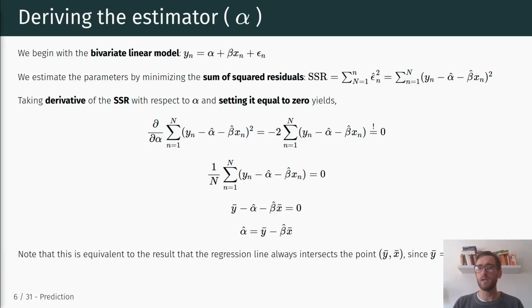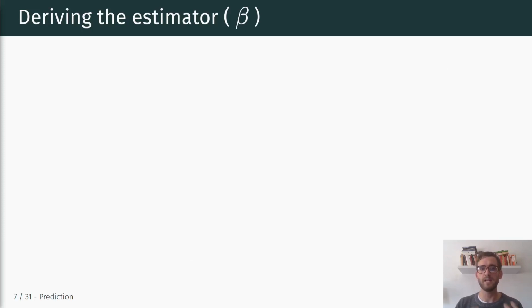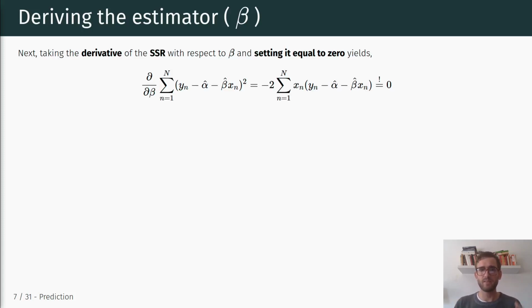All right, so now we have our specification for alpha. Next, we need to find our estimator for beta, so that we have a beta hat that we can actually plug into our formula for alpha hat. Okay. We start again with the sum of squared residuals, and we now take the first derivative with respect to beta, so with respect to the slope coefficient, and again we're setting this equal to 0.